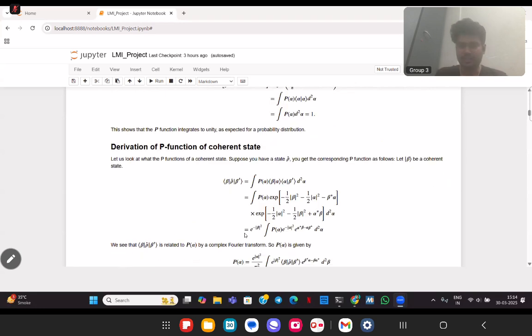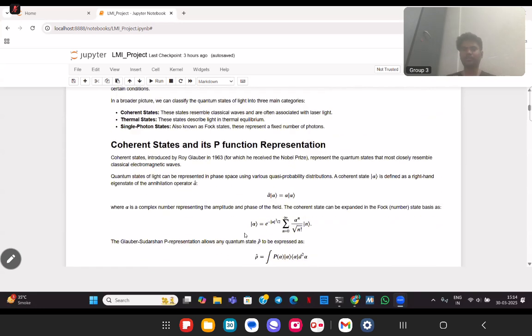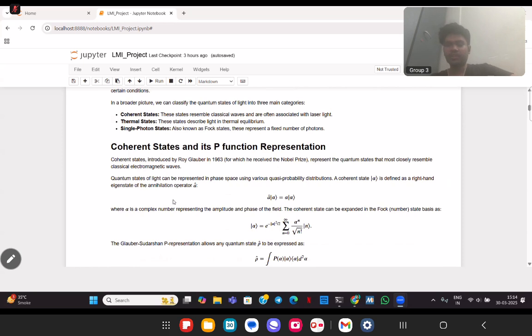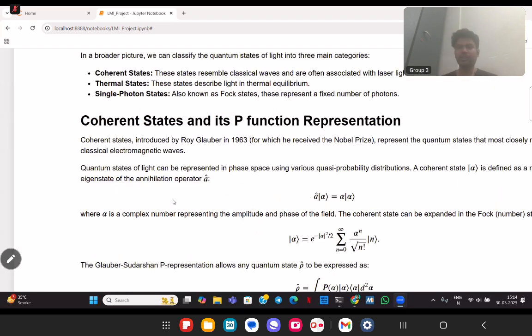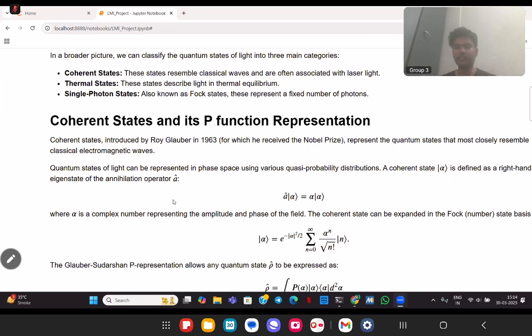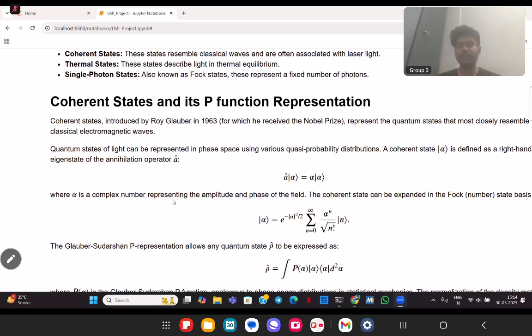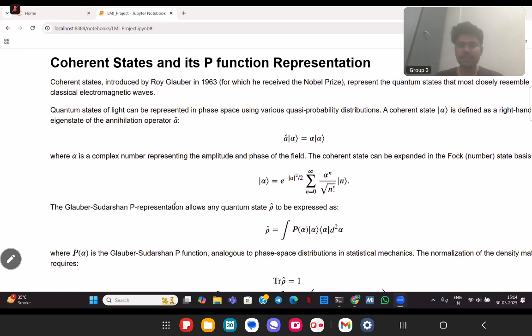Let's start with an introduction to the coherent state. The coherent state was first introduced by Roy Glauber in 1963, for which he earned the Nobel Prize. What makes them special? They are the quantum states that most closely resemble classical light.